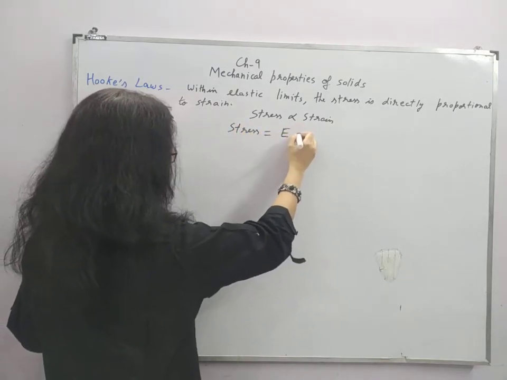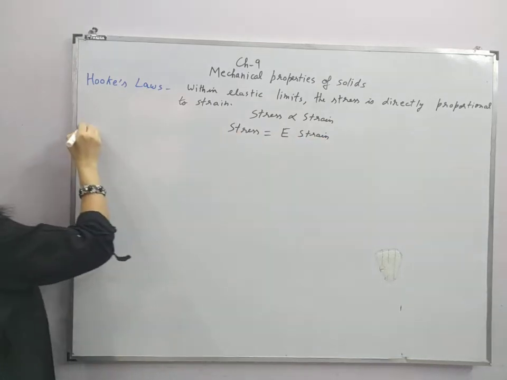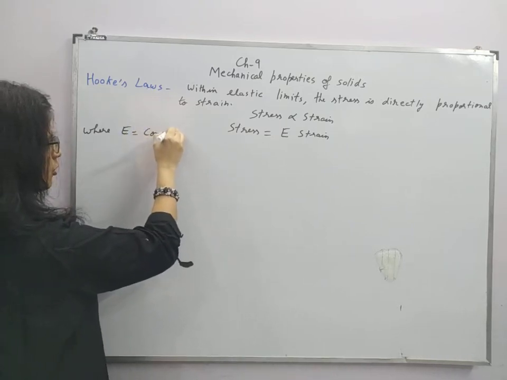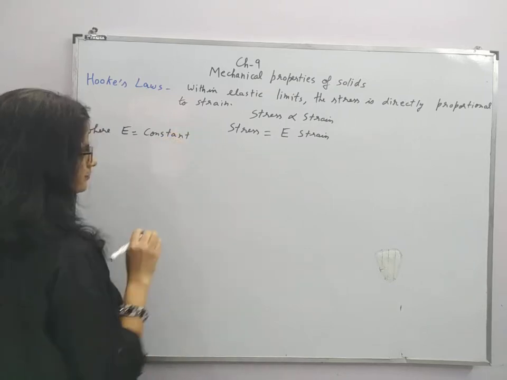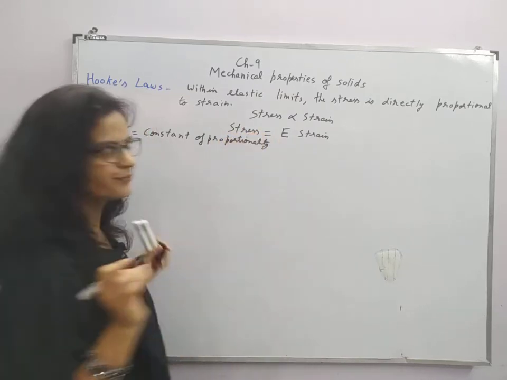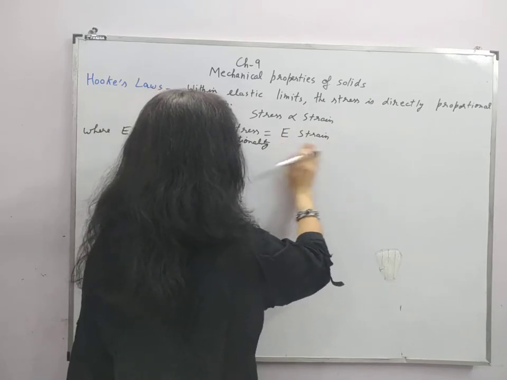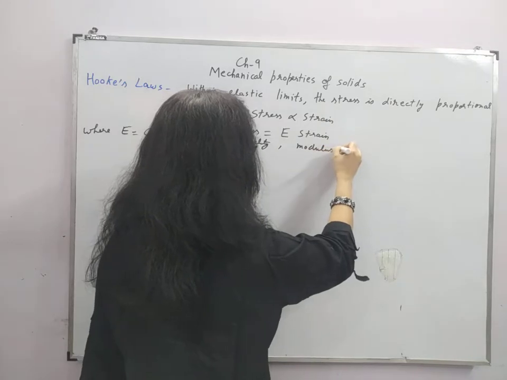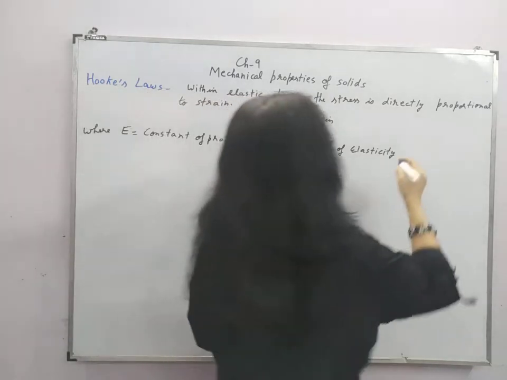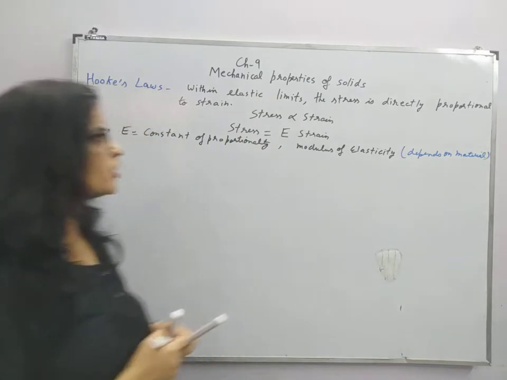Stress is equal to constant of proportionality into strain, where E is equal to the constant of proportionality, called the modulus of elasticity. And it depends on the material.